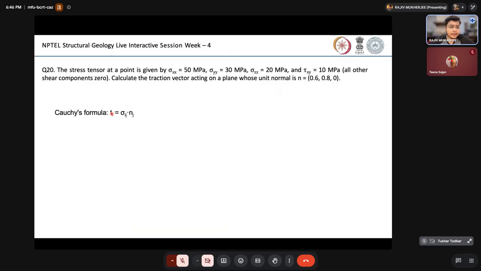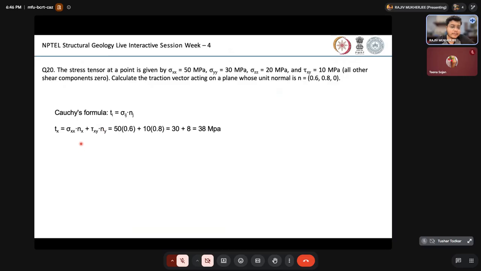So you calculate the traction as the product between the stress and the unit vector, right? The traction in the x direction will be sigma xx times nx plus tau xy times ny, right? That's how you resolve the components of the stress tensor.